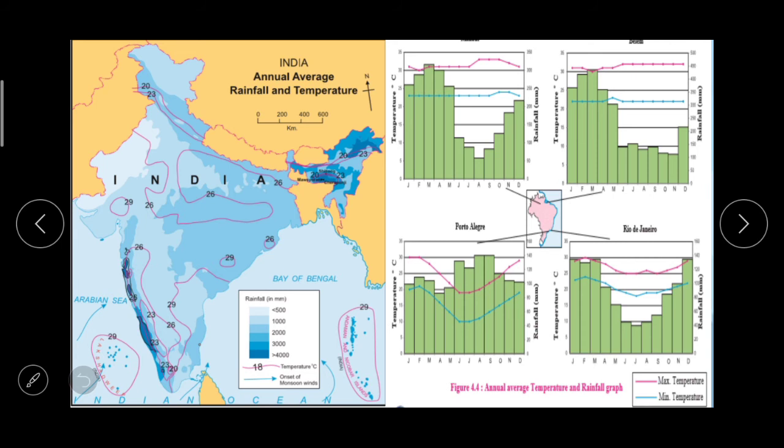Now, these questions are based on figure 4.3 and then again on 4.4. In which month is the highest temperature found in all the 4 cities? In which month does it rain the most in the given cities?